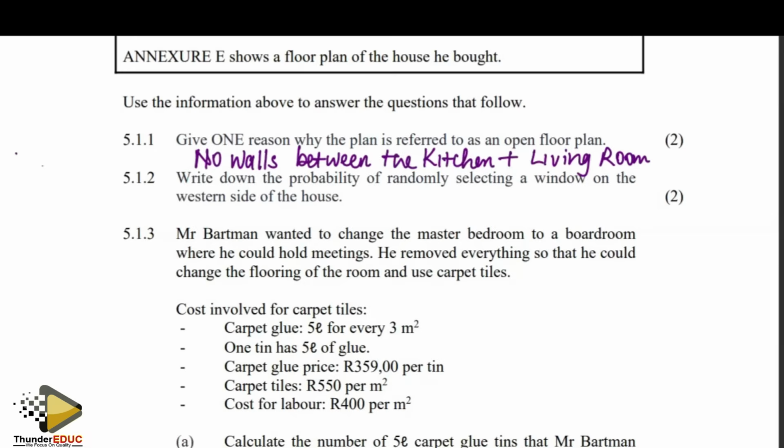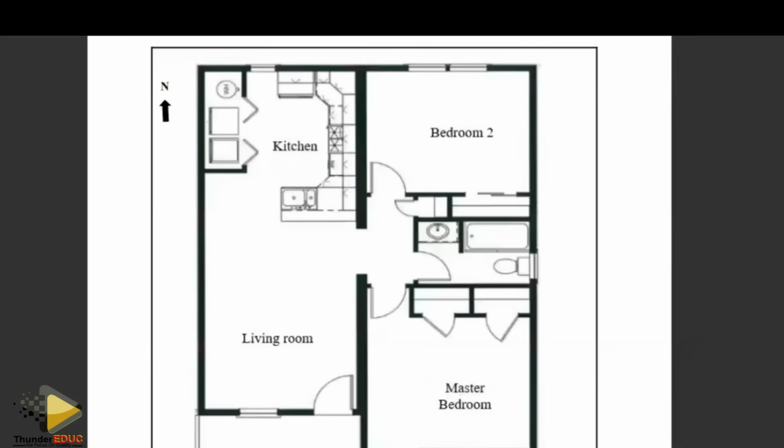No walls between, no walls. When you check this, you see, here would have a wall, and probably would have a door somewhere here. So now this one is not there. So it's open. Someone in the kitchen can see whatever is happening in the living room. Someone in the living room can see what is happening in the kitchen. The walls are just on the bedrooms.